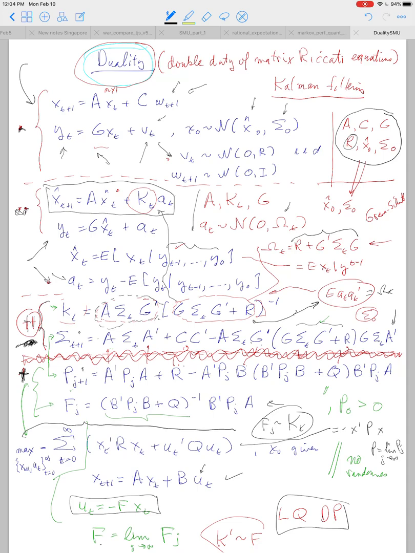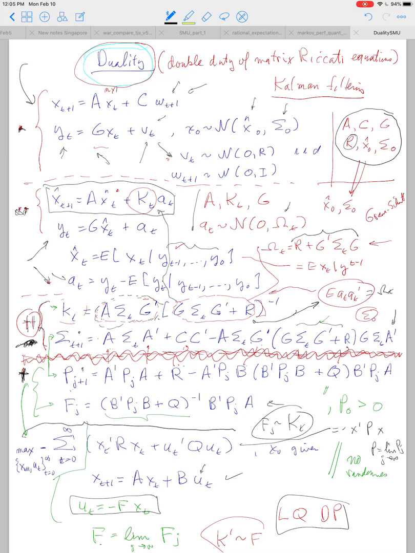So that problem, if you stare at it, involves no randomness. It's completely deterministic. There are no random variables. The problem with a Kalman filter is all about randomness. But despite that, these two problems are connected.